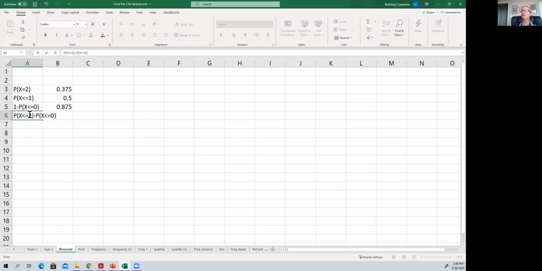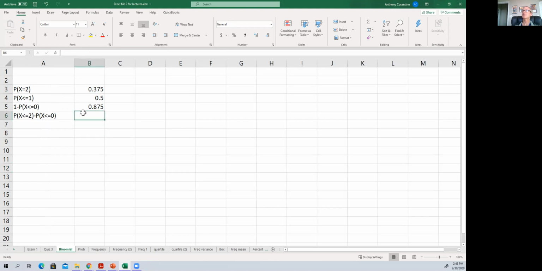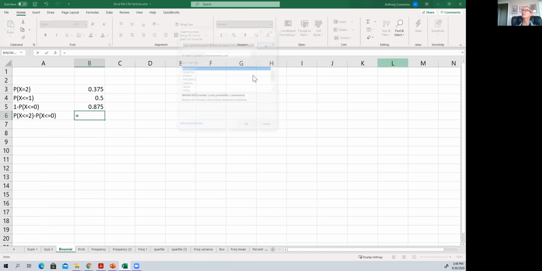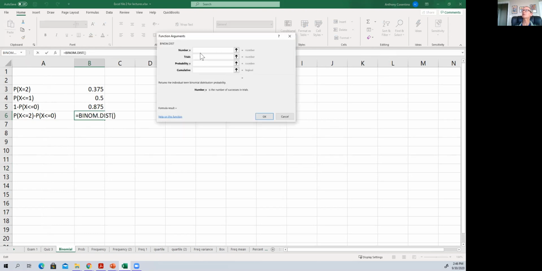I keep forgetting to hit the shift key when I need to. So you could do that all in one cell, or you could split it up. I'll do it all in one cell. So this would be equals, and then you bring binomial function in, and the first one is the 2. So this would be 2, 3, 0.5, and again, it's true because it's less than or equal to.